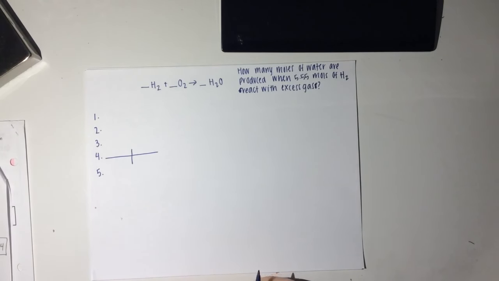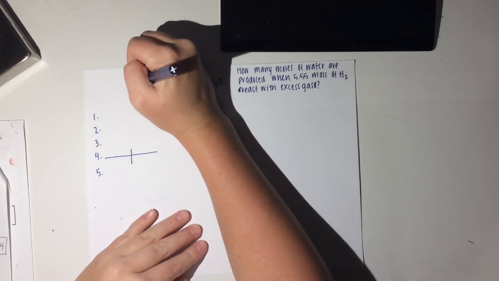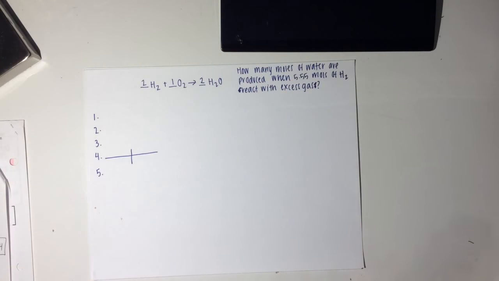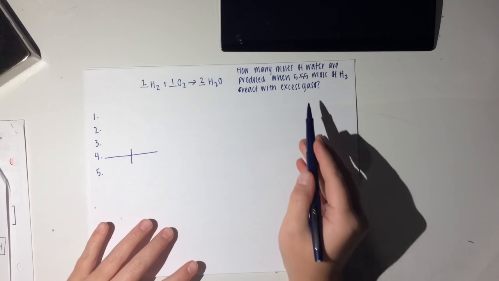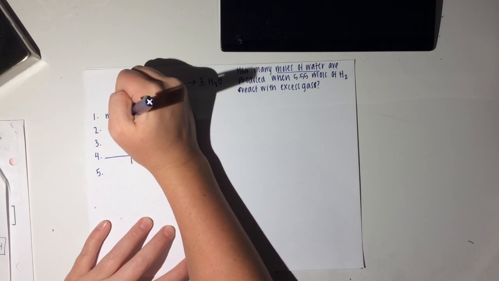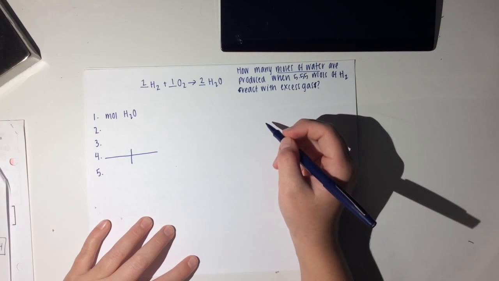Okay, now let's try another problem. How many moles of water are produced when 5.55 moles of H2 react with excess oxygen gas? Our first step is to balance this equation, which I'm just going to do for you. It'll be 2, 1, 2. Okay. Now, first we find our unknown variable, which is moles of water. Second, we find our given, which is 5.55 moles of hydrogen.